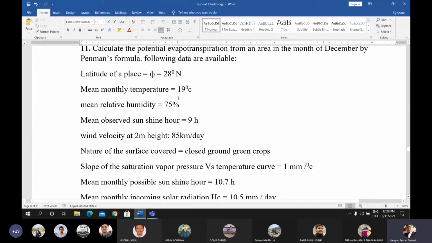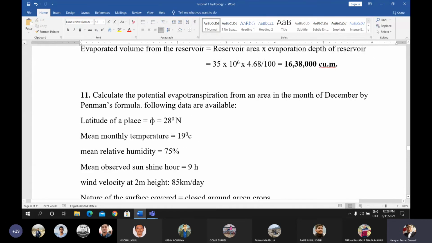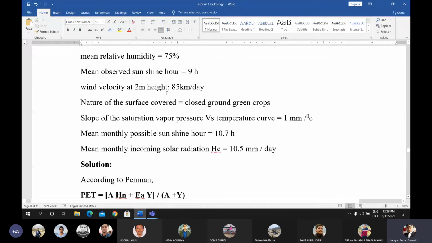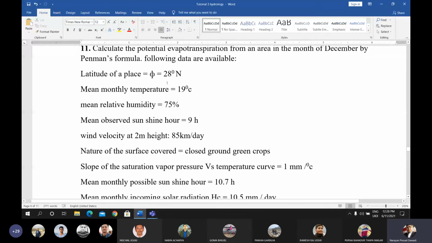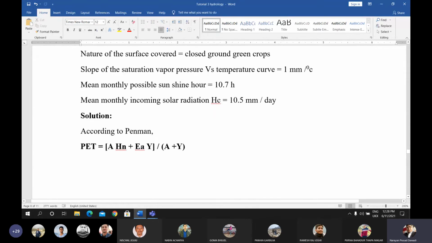But saturated vapor pressure is not given in the question, though temperature in degree Celsius is given. With this temperature, we can find the saturated vapor pressure by using the formula.